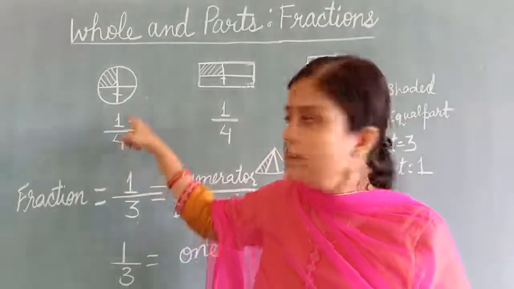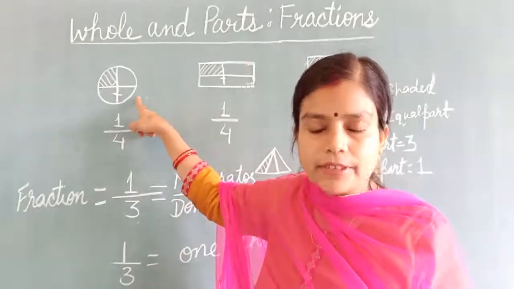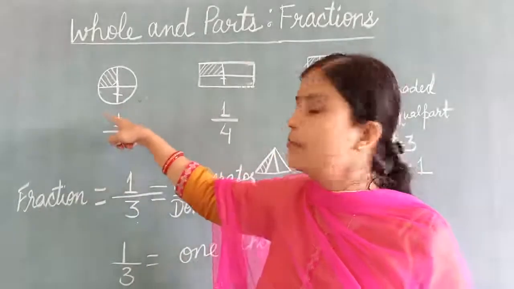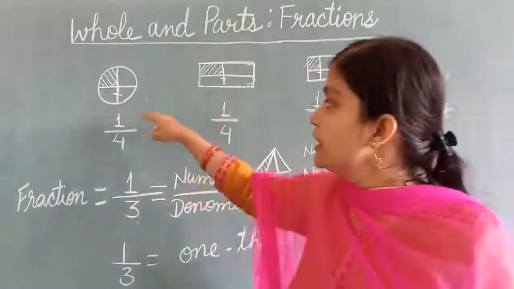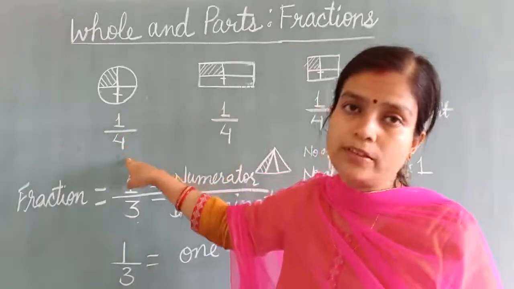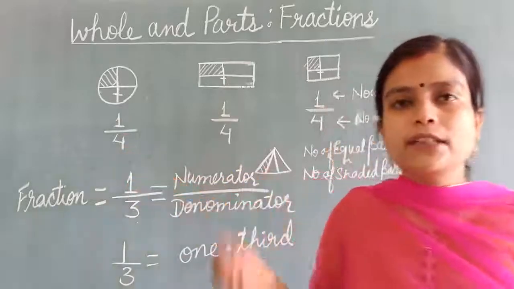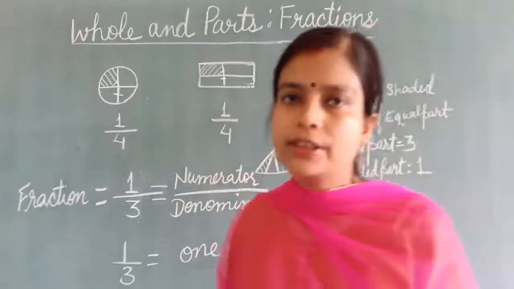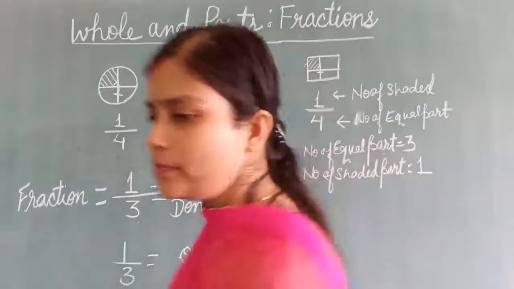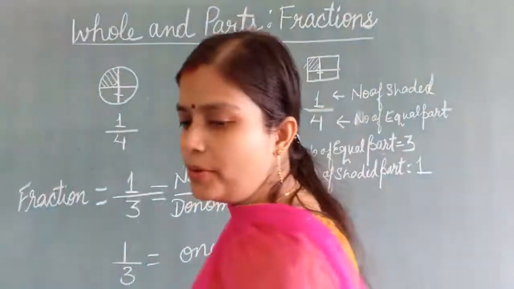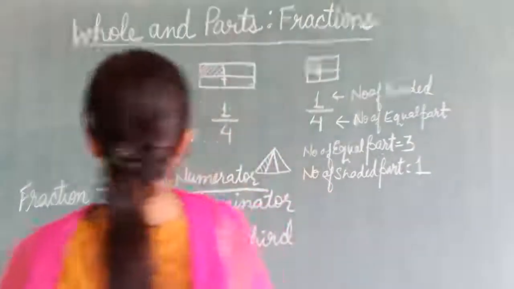Now children, another name also we are using here. What can we call it? 1/4. Topmost we will read 1, or if it is 2 then we will read 2, but here it is 1, so here it is 1/4, okay, but another name also we use to read 1/4, we can write it as a quarter. Some more I am going to teach you.